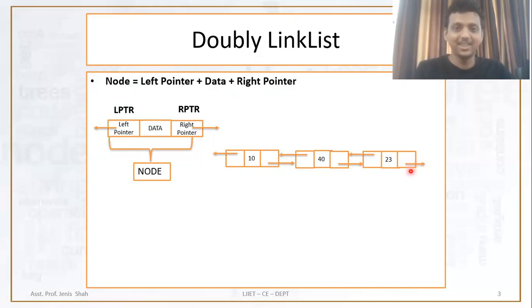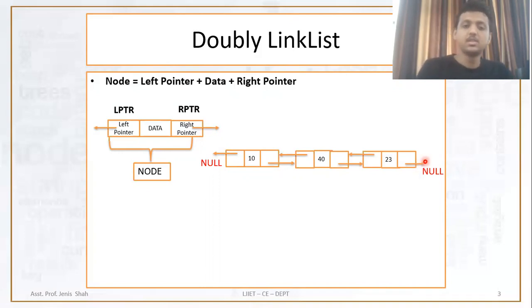Same as a singly linked list. Here, LPTR of 10 points to null, and RPTR of 23 points to null, because there is nothing beyond them.